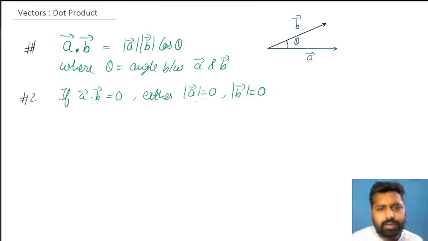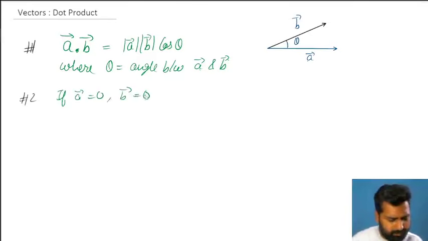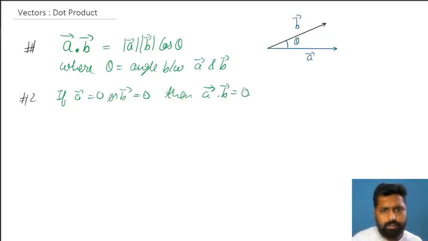A magnitude is 0 means it's a 0 vector, so I can directly say that either A will be 0 or B will be 0. So rather than writing like this, I'll write it in reverse order: if A vector is equal to 0 or B vector is equal to 0, then A dot B is 0.